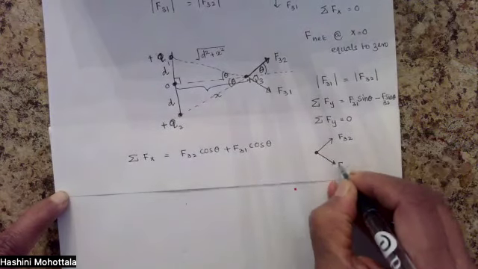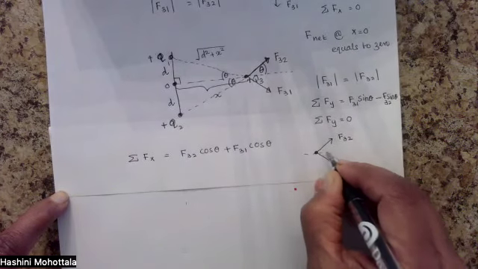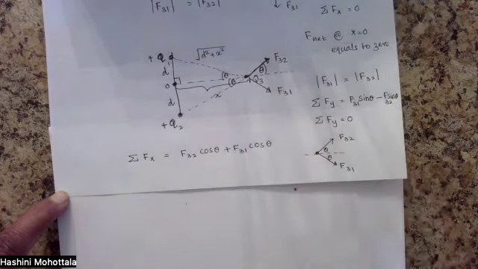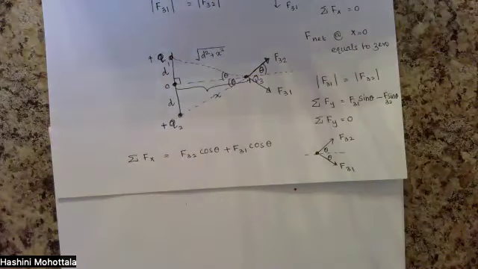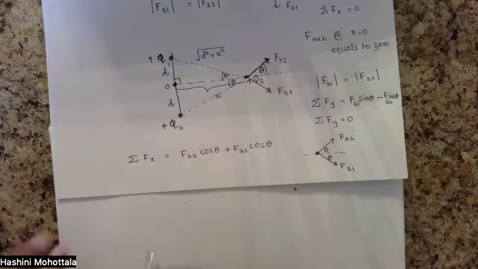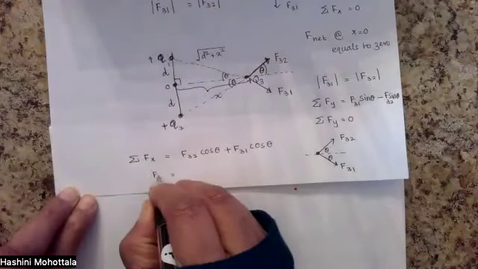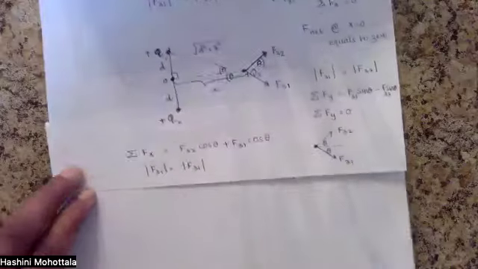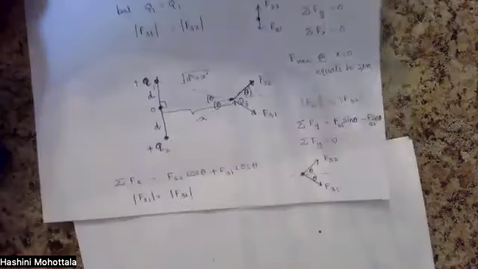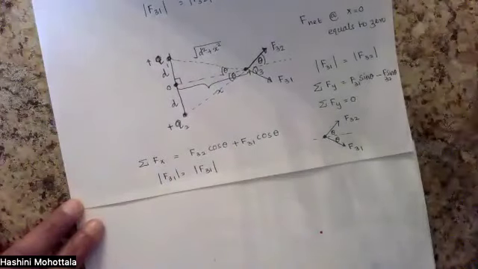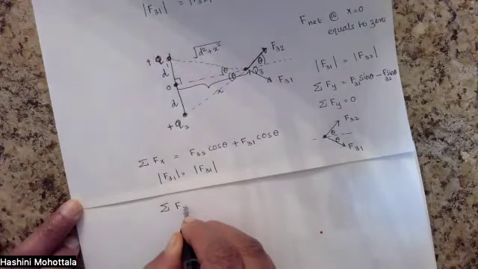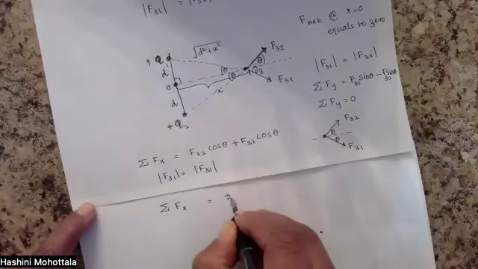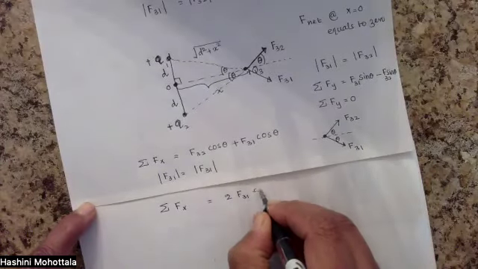F31 and F32, and there you have the theta and the theta. You can see that F32 is in the first quadrant, F31 is in the second quadrant. Now since F31 and F32 are equal, I can combine them. Again, I am writing this so that people won't get confused. So I can write sum of Fx equals 2 times F31 cosine theta.